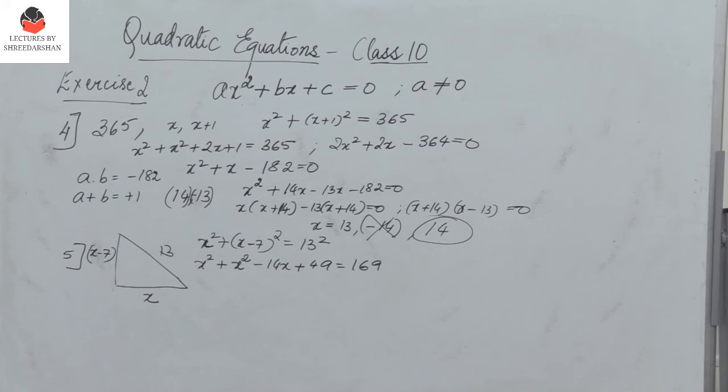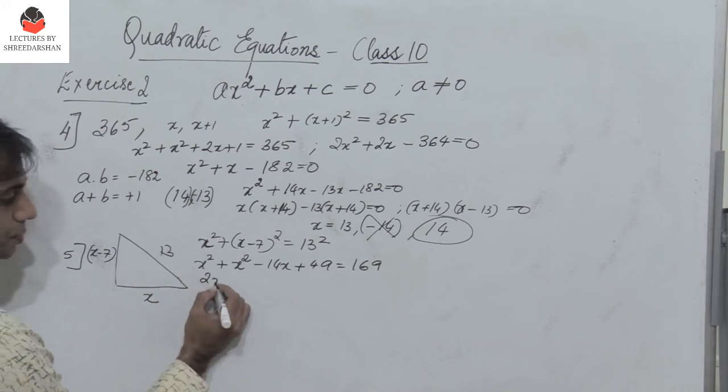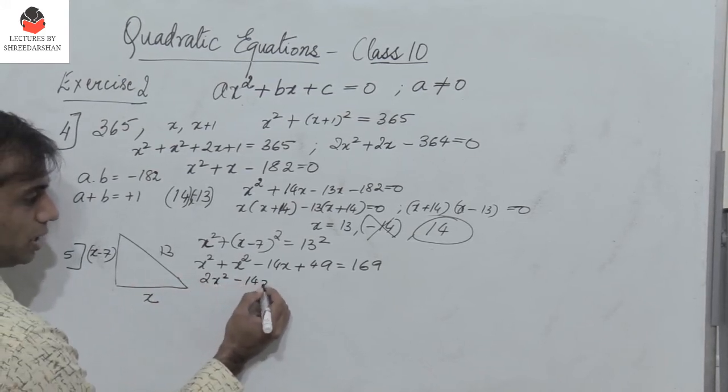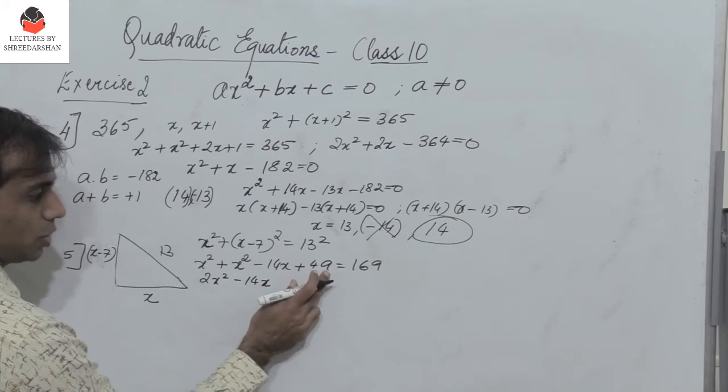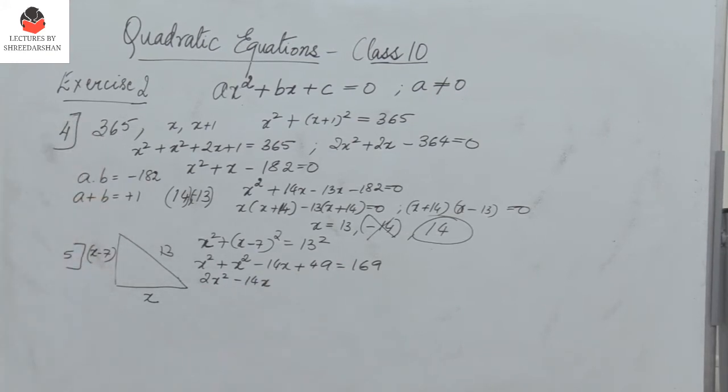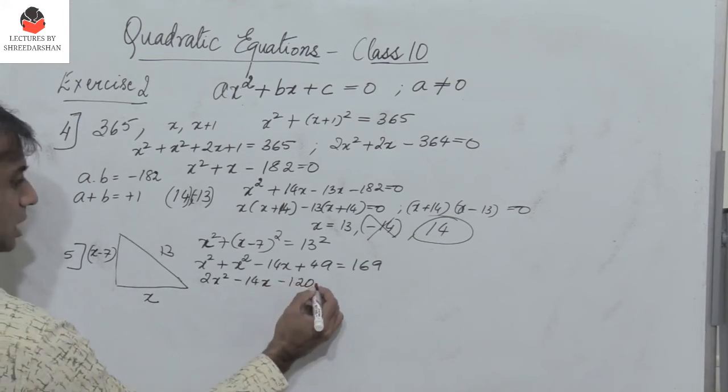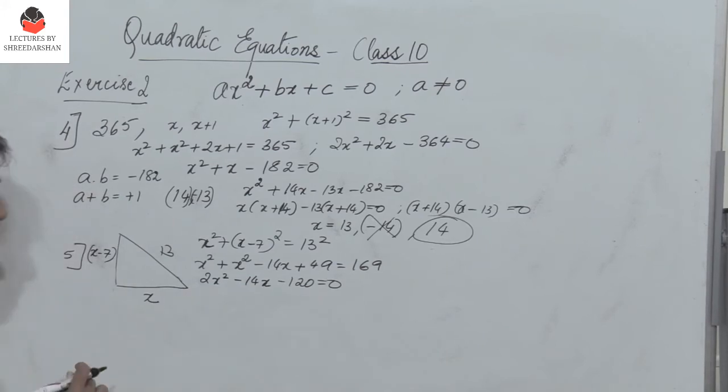So 13 into 13 is 169 here. So now we have 2x square minus 14x. So we have plus 49 minus 169. Alright, so I get minus 120 equal to 0. Now let me divide the entire thing by 2.